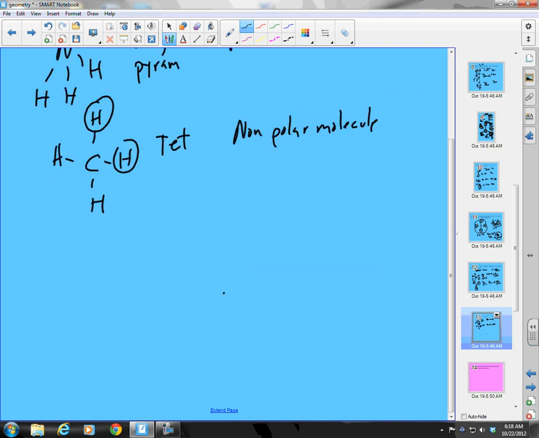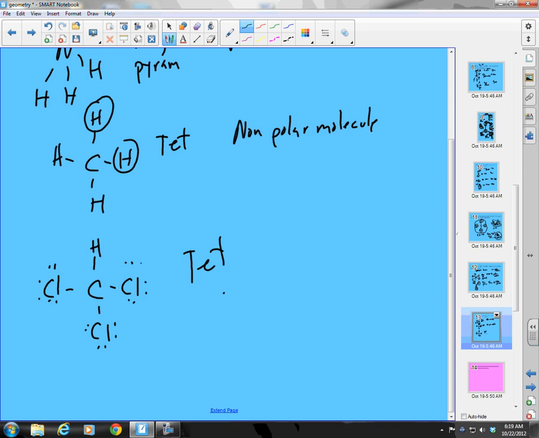What about this thing? CHCl3. You know what? I think I drew that wrong last time. In any case, here we go. What is this? This looks like a 4-0. It's tetrahedral, and you're going to say it's nonpolar because it's symmetric, right?